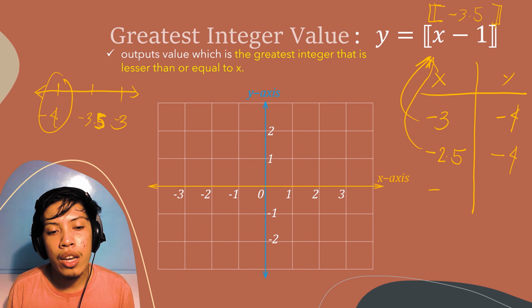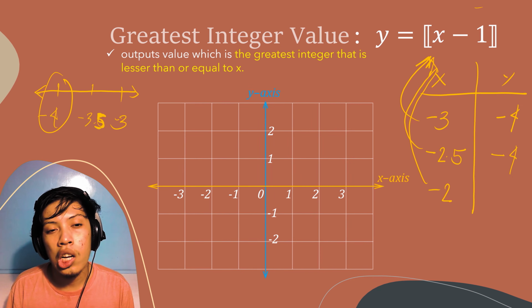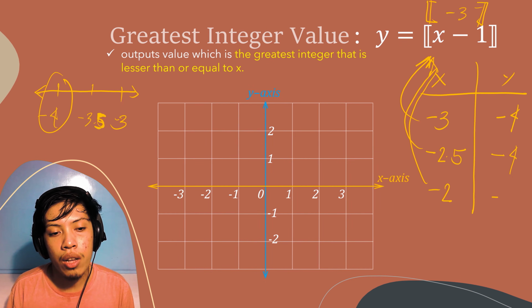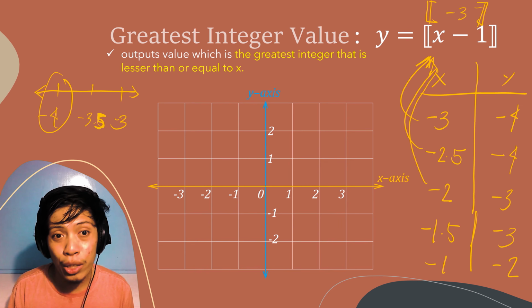Suppose we have negative 2. Substitute here, then the value will be negative 2 minus 1, that is negative 3. How about negative 1.5? I'm pretty sure this is also negative 3. For negative 1, that is negative 2. Now, can you see the pattern?